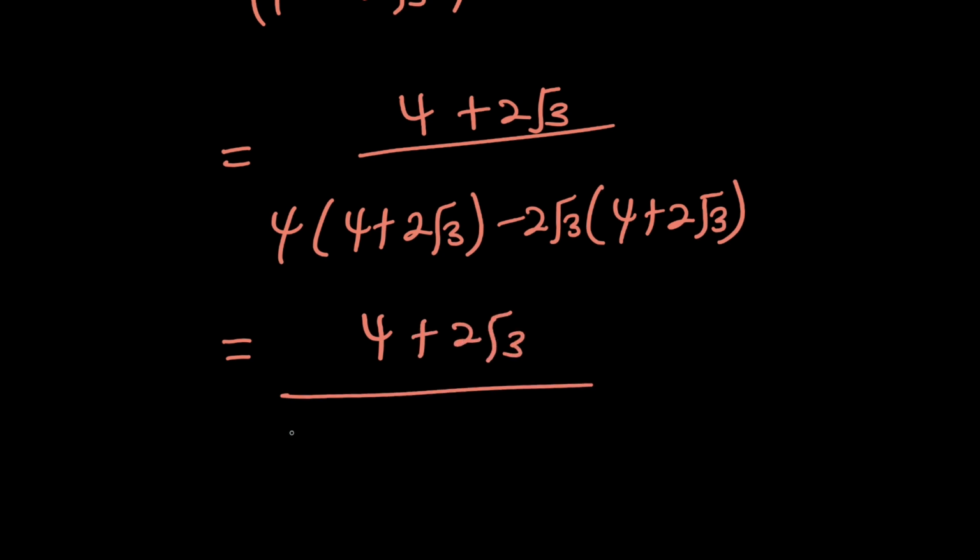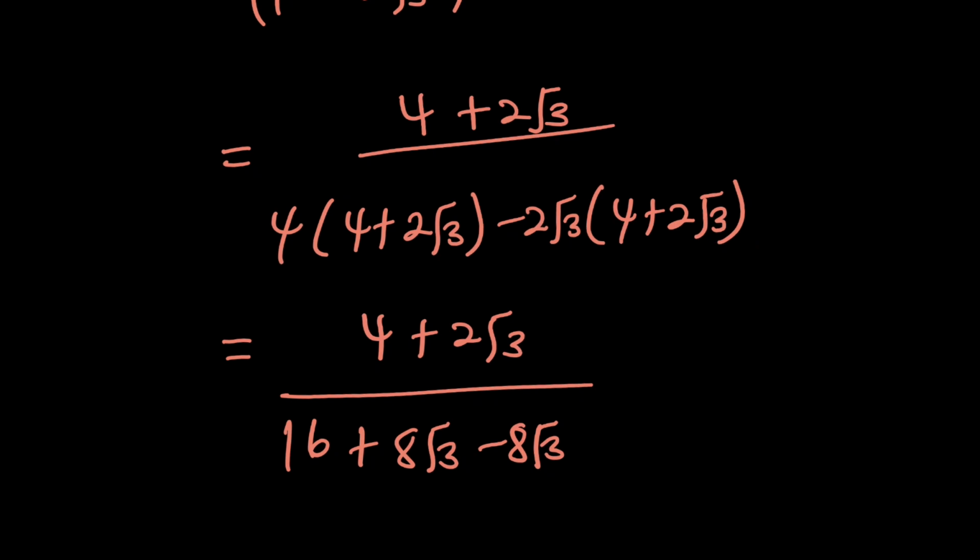Now 4 times 4 is going to be 16, plus 4 times 2 is going to be 8 root 3, okay? Then minus 2 root 3 times 4 is going to be minus 8 root 3. And then, watch this very carefully, we have minus 2 root 3 times 2 root 3.